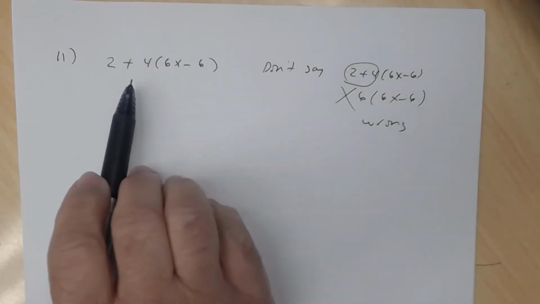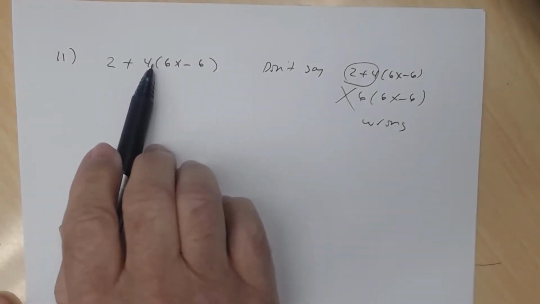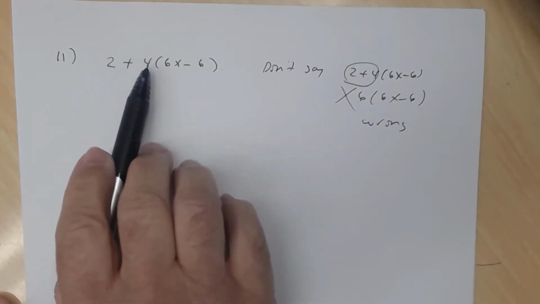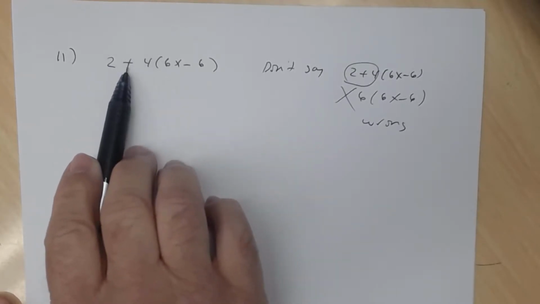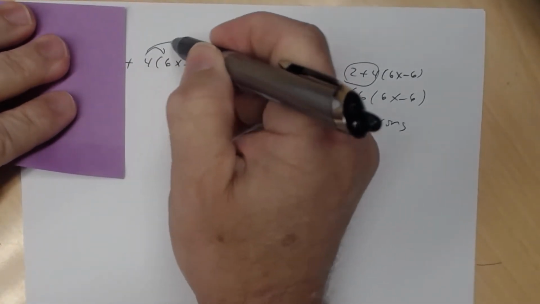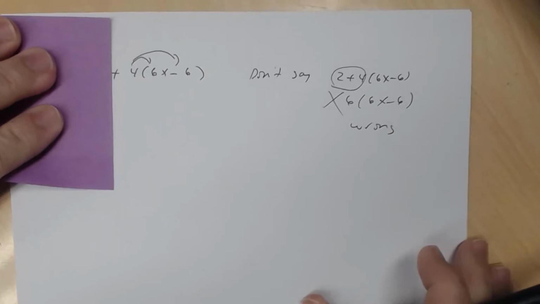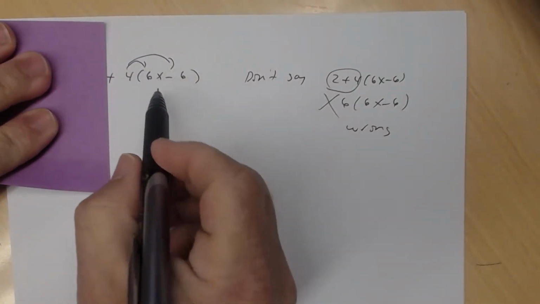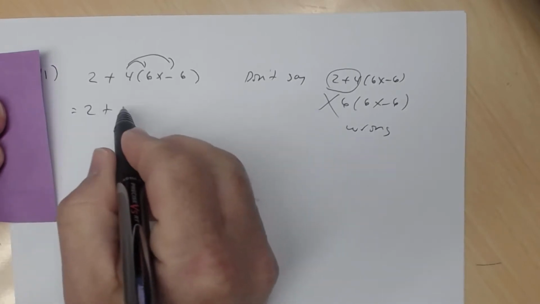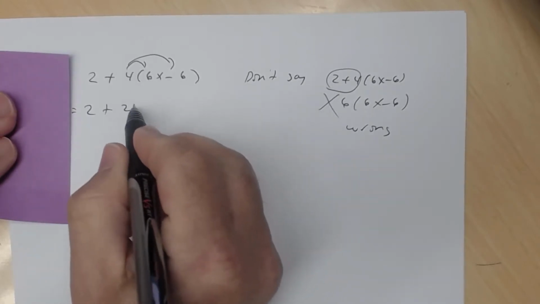Because remember, the order of operations, you got to multiply first before you add. So that's a mistake to add first. So what you got to do first is cover this up and distribute the 4. So you can use distributive property first. Everything in here is going to be multiplied by 4. So you multiply first before you add. So this becomes 2 plus 4 times 6x is 24x.